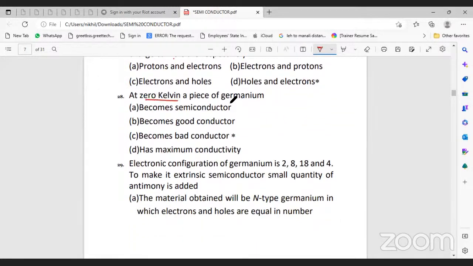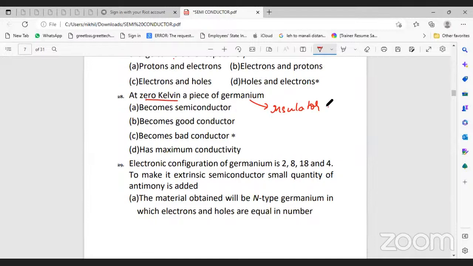At 0 Kelvin, germanium will act as a perfect insulator, because germanium is a semiconductor. A semiconductor is not going to conduct by itself. Germanium will conduct only if you give it temperature. If you don't give the temperature, there will be no charge carriers in the semiconductor.